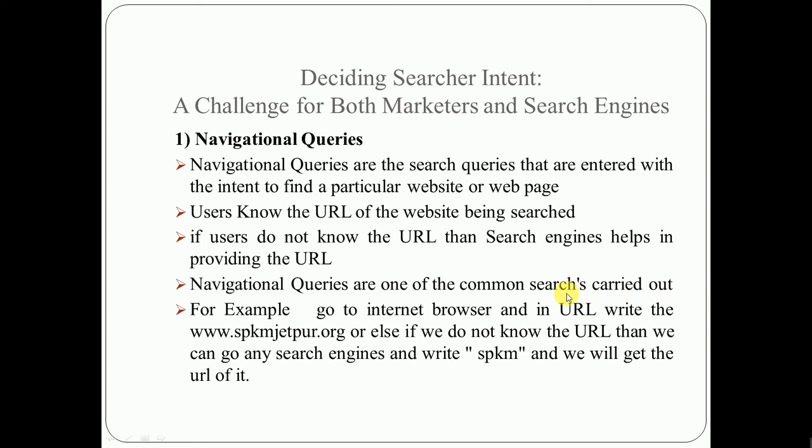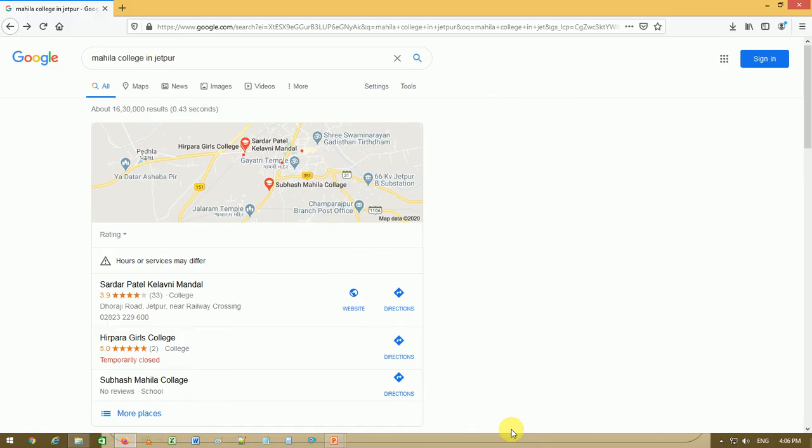We are searching only for colleges in particular areas. For example, go to the internet browser and write the URL spcam.jodhpur.org, or else if we do not know the URL, we go to any search engine and write spcam and we will get its URL.